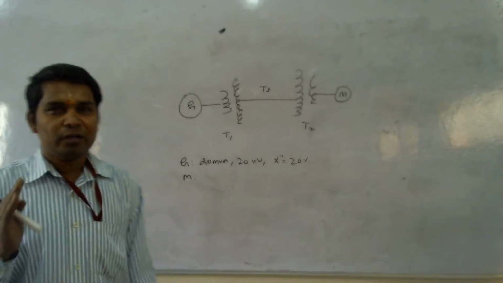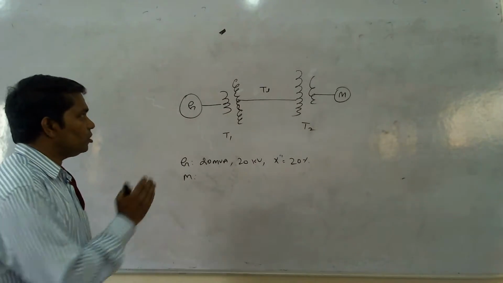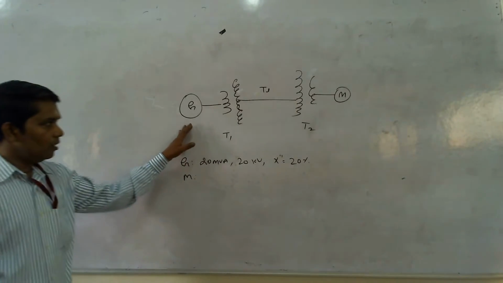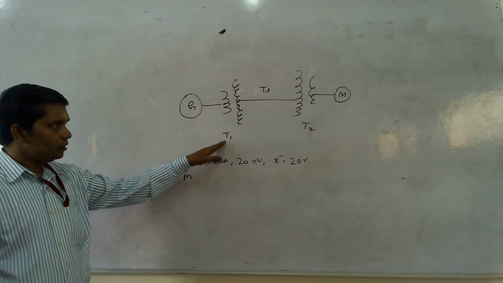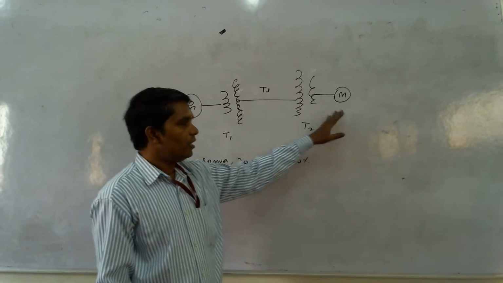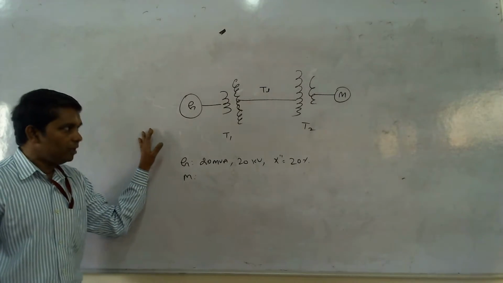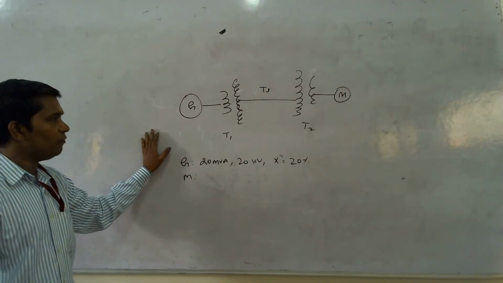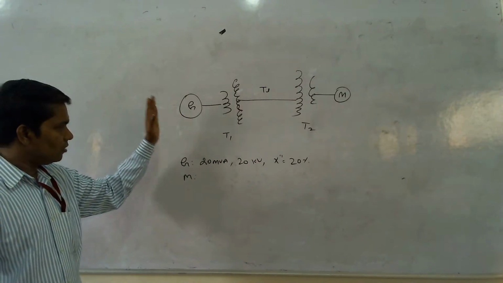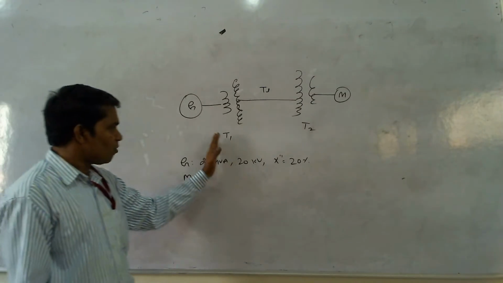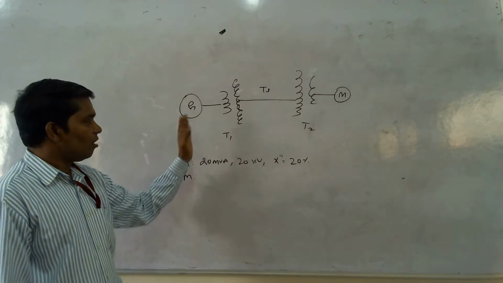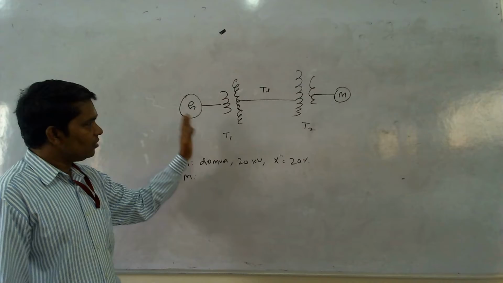Today we are going to take the system shown in the diagram. We have a generator, a transformer, another transformer, and a motor. It is a simple representation of a power system with four components: the generator in the generating station, and transformer 1, which is a step-up transformer, because we normally step up the voltage from the generating station.